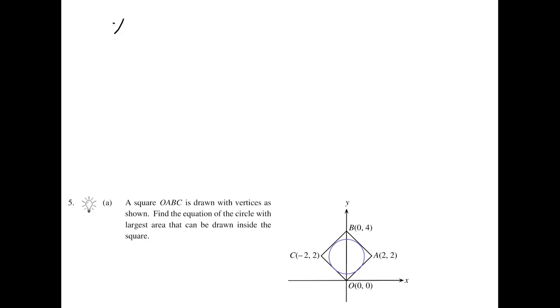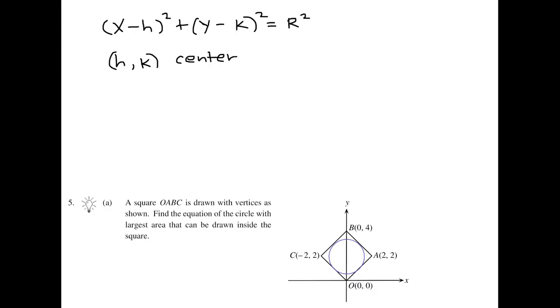It is (x − h)² + (y − k)² = r². Now x and y you just leave in the equation. (h, k) is the center of the circle and r is the radius of the circle.